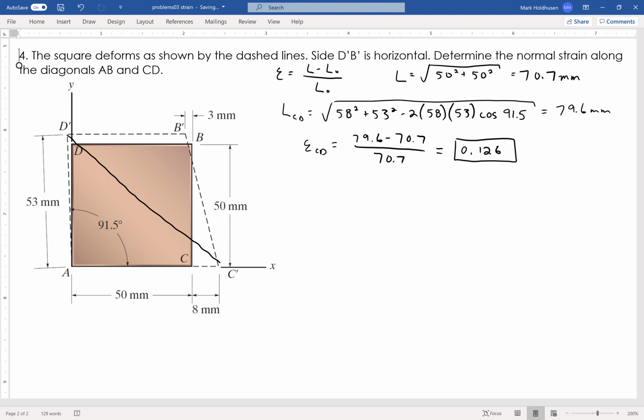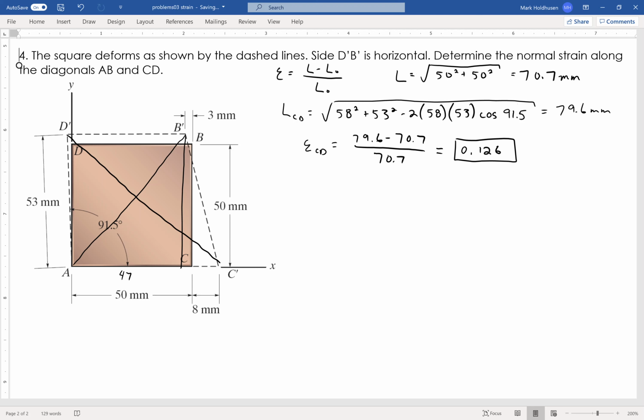Now drawing our attention to the AB line. Again, that's going to start at 0 and go up to this dotted line corner right there. So I need to find the length of that line that I just drew there. I'm going to look at this triangle right here, where the length of this side is 47.